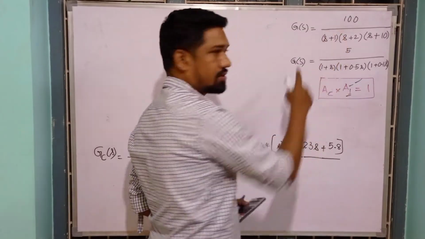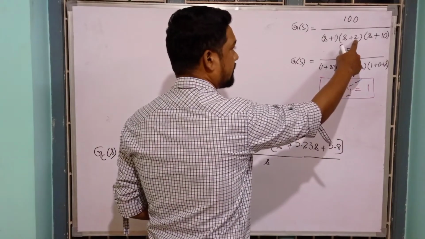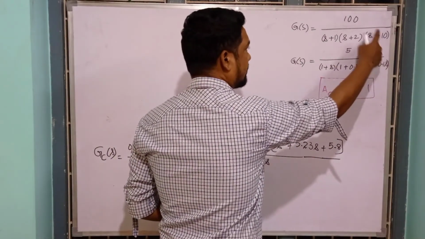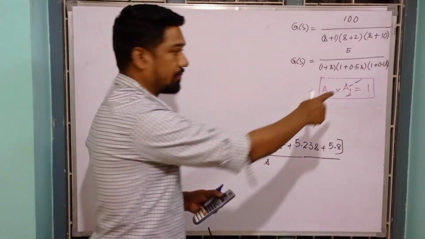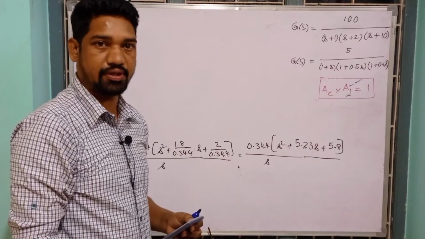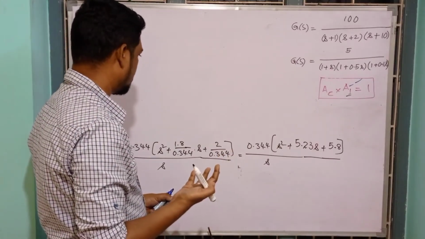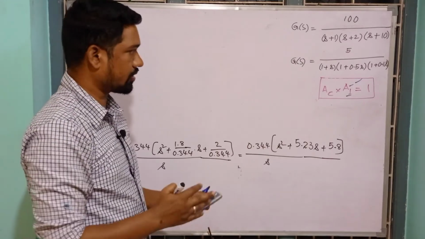This was given in the question, and this is the time constant form, taking out 2 common from here, taking out 10 common from here, and simplifying. The analysis is in frequency domain, so definitely we have to convert that to time constant form for some important simplifications.